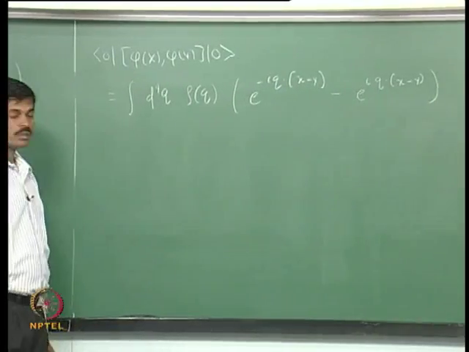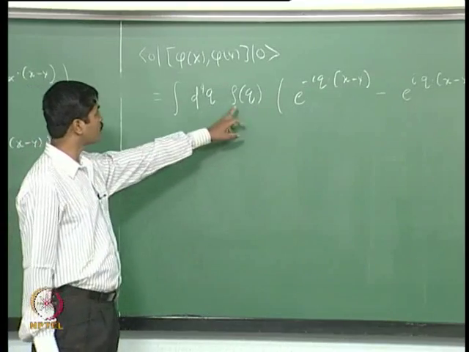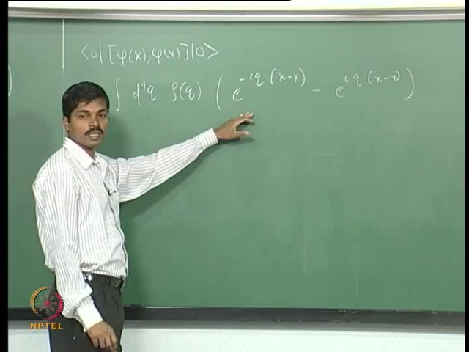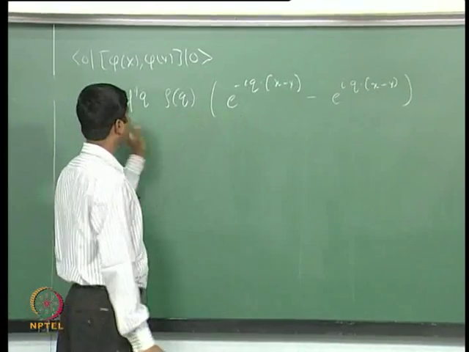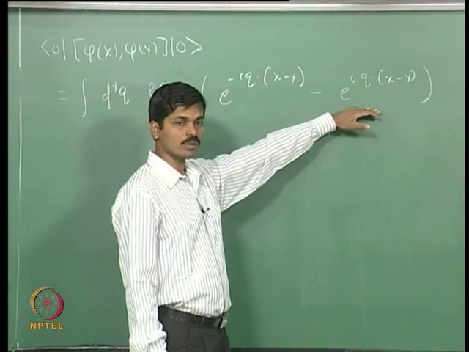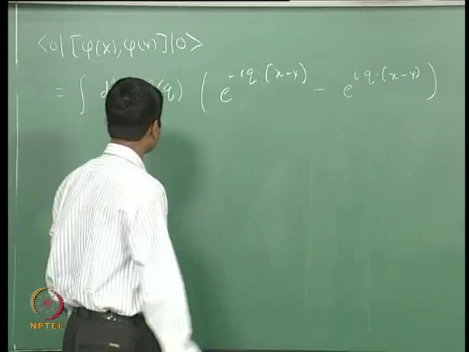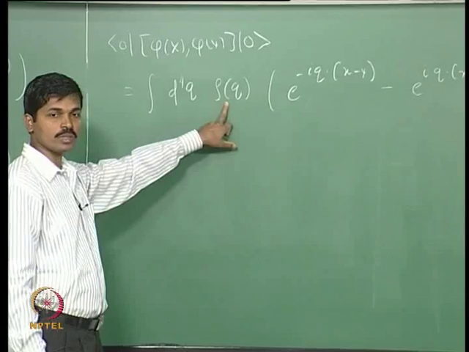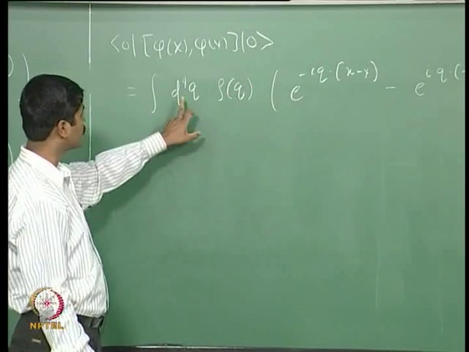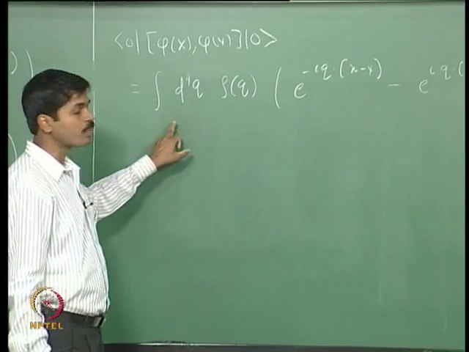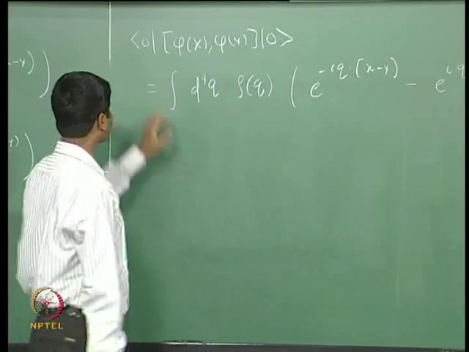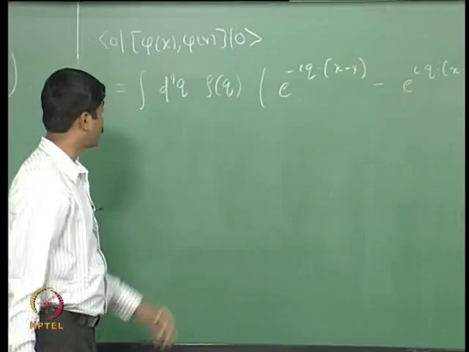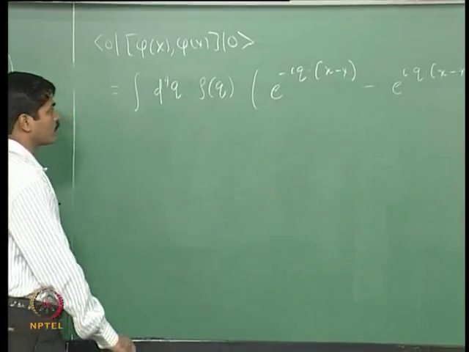Okay. Now you can see why I wanted to write it in this form. This is quite similar to the commutator of two free fields, except for this function rho of q here. Instead of rho of q, you had d3 q over 2 pi cubed times q 0. That was the vacuum expectation value of the commutator of two free fields.